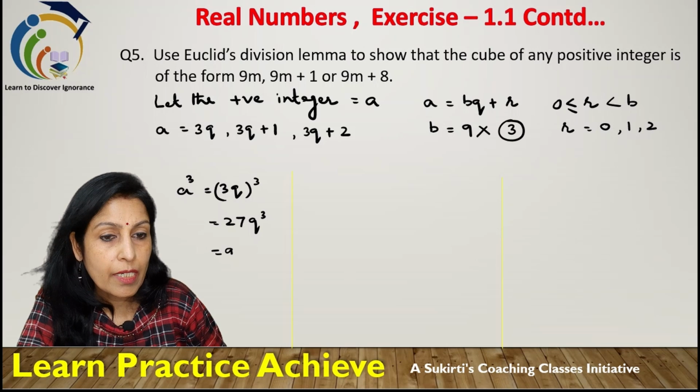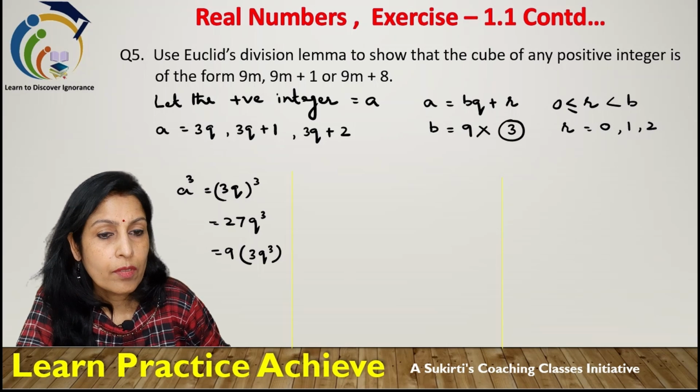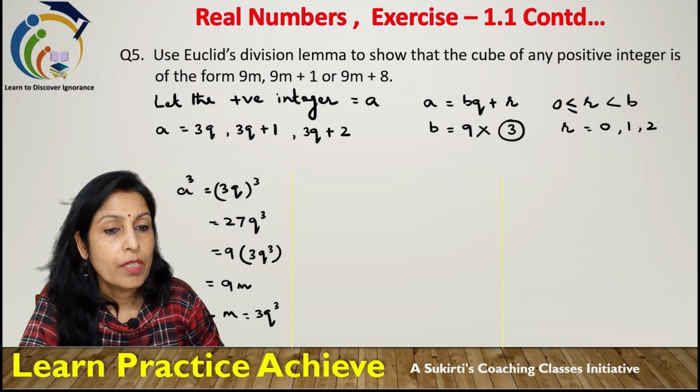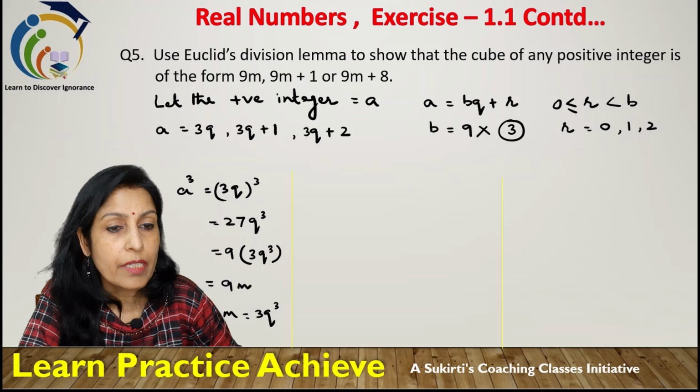So if you take 9 as common, the number remaining here will be 3q cube. Okay, and this can be written as 9m, where m is equal to 3q cube.